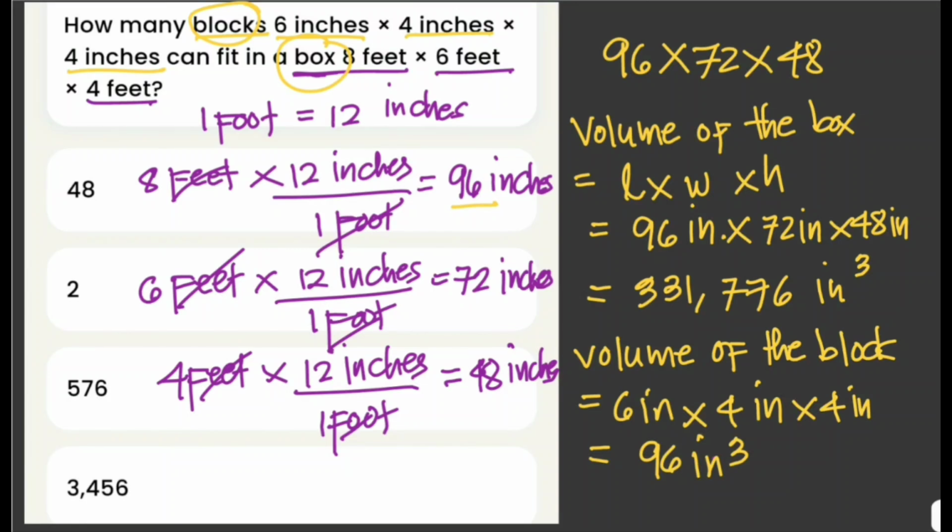Now we already solved for the volume of the box and the volume of each of the blocks. To find the number of blocks that would fit in the box, we just have to divide the volume of the box by the volume of the block. So let's do that.